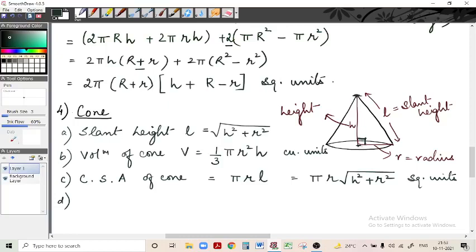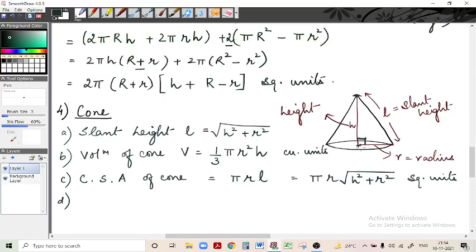Height is the distance from the vertex to the base, and slant height is the distance between the vertex and one side of the cone. I have already explained you.